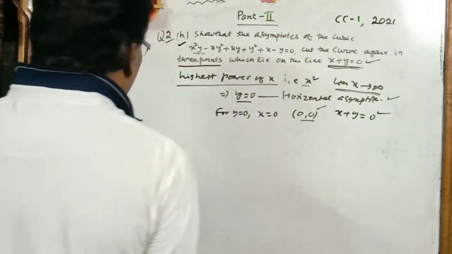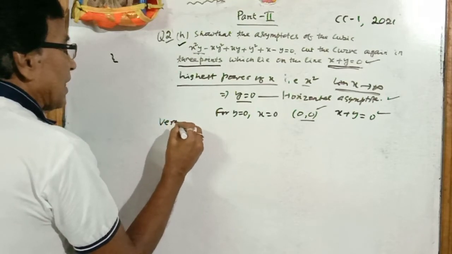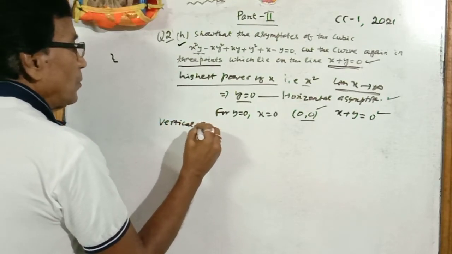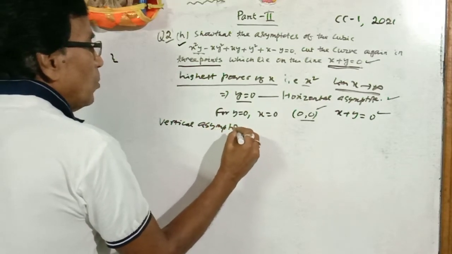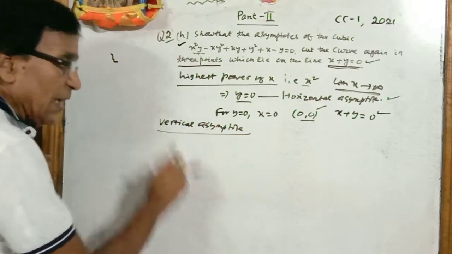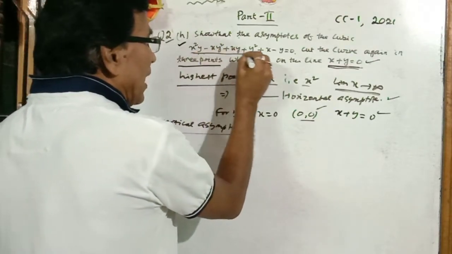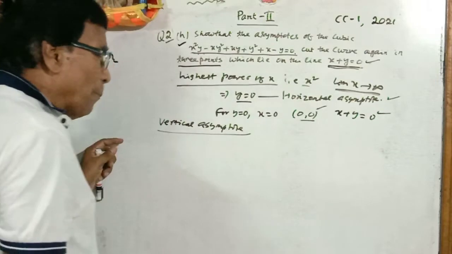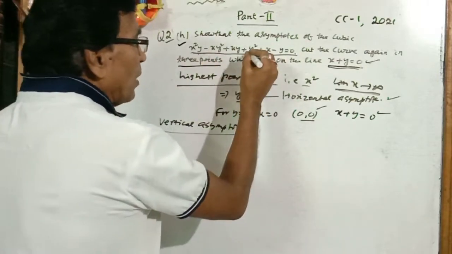So next we will find the vertical asymptote. When we have to find the vertical asymptote, similarly we have to divide this equation by the highest power of y.